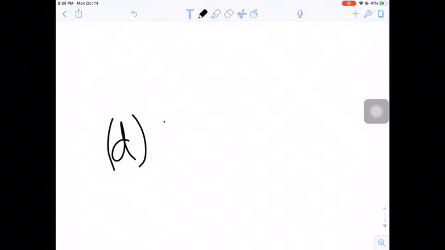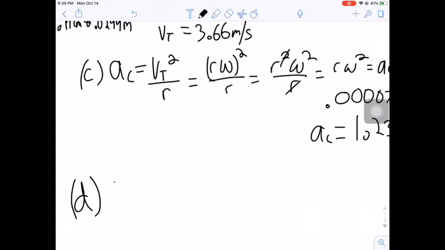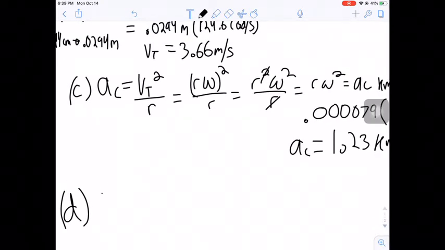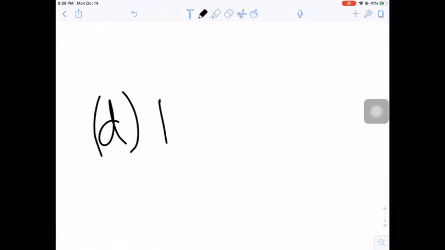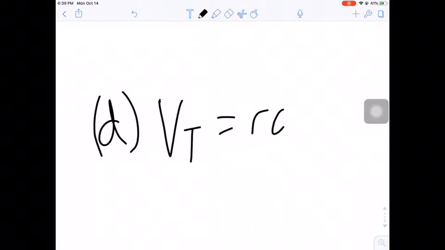The final part is to determine the total distance a point on the rim moves in 1.9 seconds. For this one, we have to determine the tangential velocity of a point at the rim. Tangential velocity is equal to r times w.